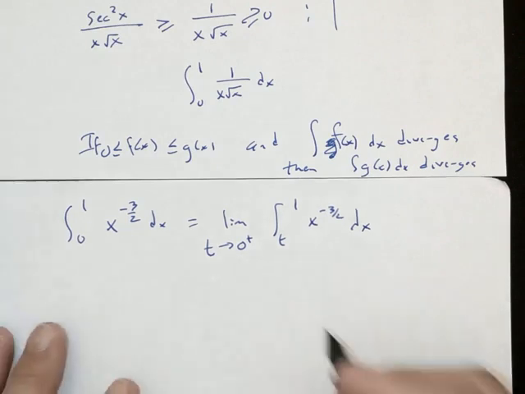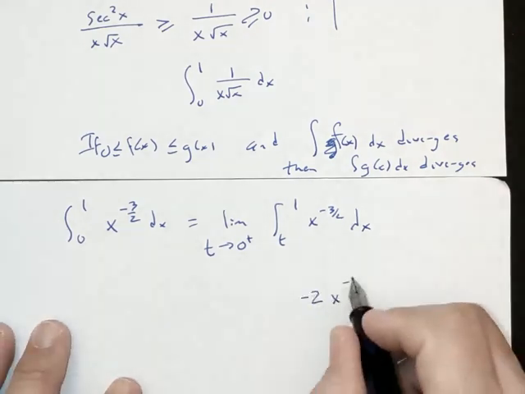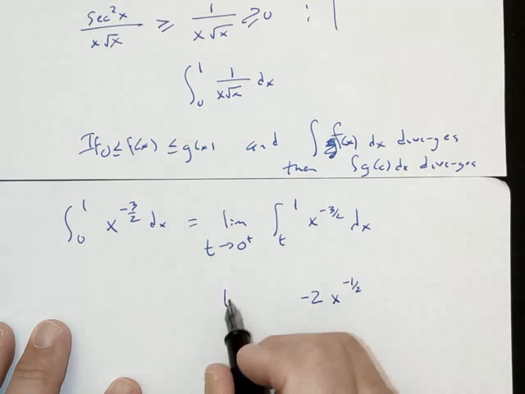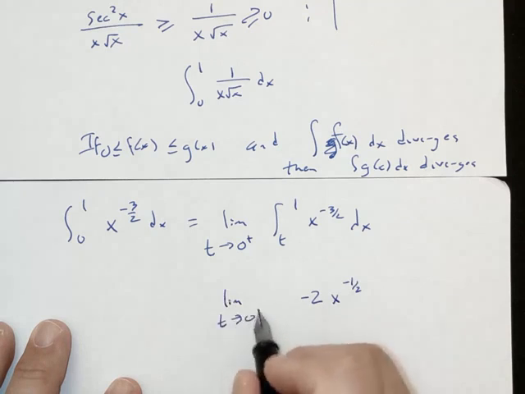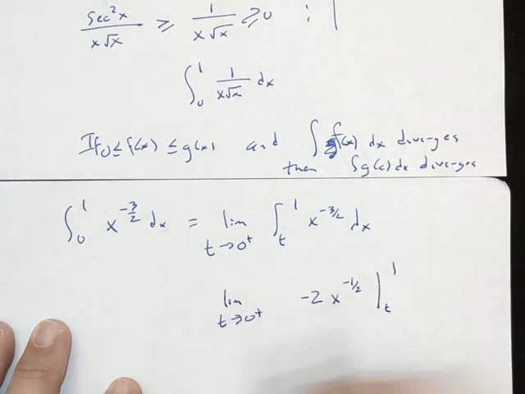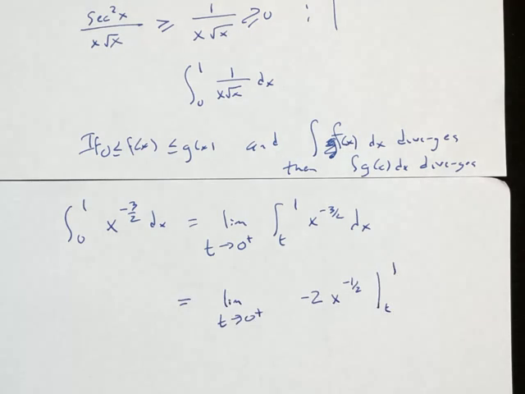Minus 2 x to the minus 1/2. Evaluated between t and 1, right? So I put in 1, wait a minute, negative 2, that square root goes in the bottom. I'm much happier looking at this as negative 2 over root x.